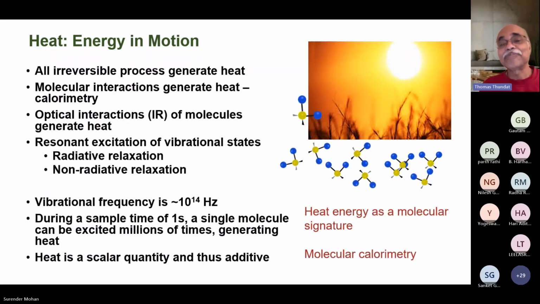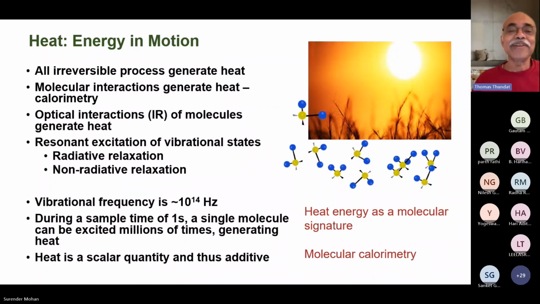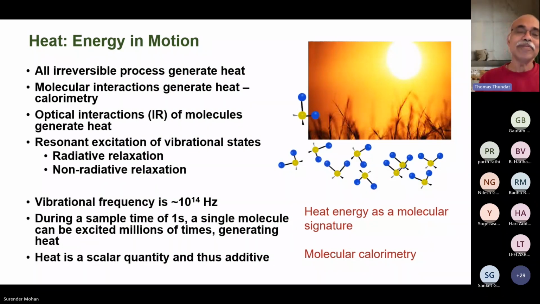So this is where the thermal energy comes in. As you know, heat is nothing but energy in motion. All irreversible processes finally end up as heat. Molecular interaction generates heat, and optical interaction, especially in the mid-infrared region, can also generate heat. So we can, for example, excite a molecule resonantly using infrared light.